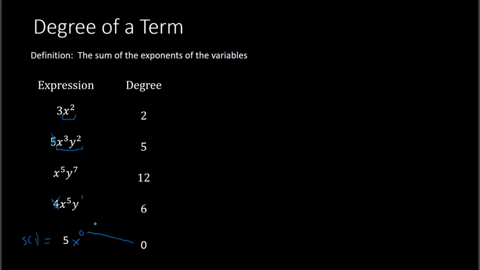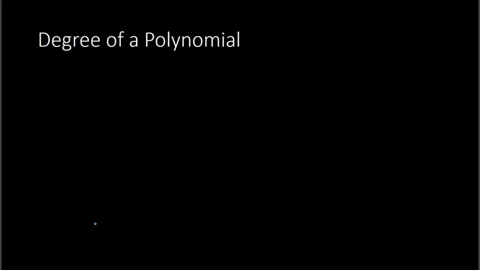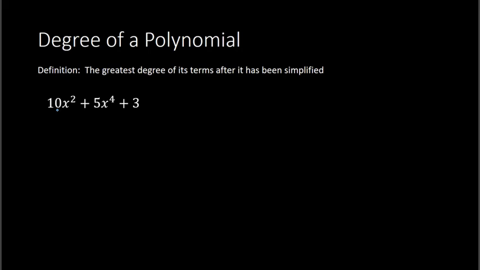So we found the degree of a variable, we found the degree of a term. Now what if you have multiple terms being added together? So that would leave us with a polynomial. So for a polynomial, the degree of a polynomial would be finding the largest degree of its terms, and do that after it's been simplified. So for example, here we have 10x squared plus 5x to the fourth plus 3. Looking at term 1, the degree of this would be 2.